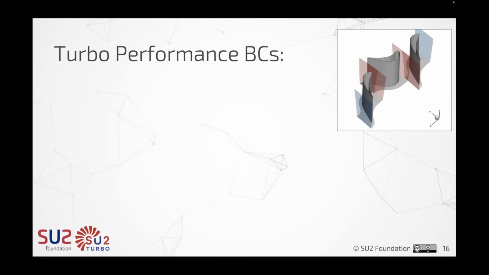Then turbo performance. Like in the previous talk, we've seen that turbo machines in general have their own way to compute performance. We have total to static and total to total efficiencies, and in order for them to be computed, we have to specify which are the inlet and outlet surfaces to each of the components which contains a blade.